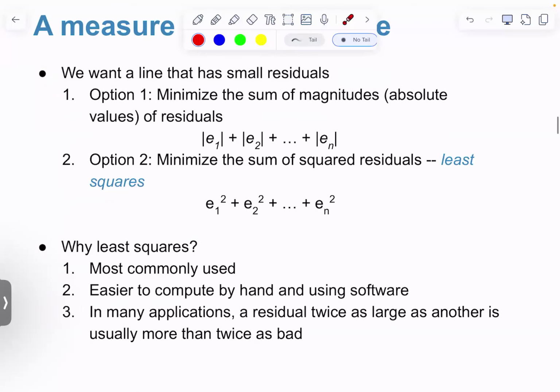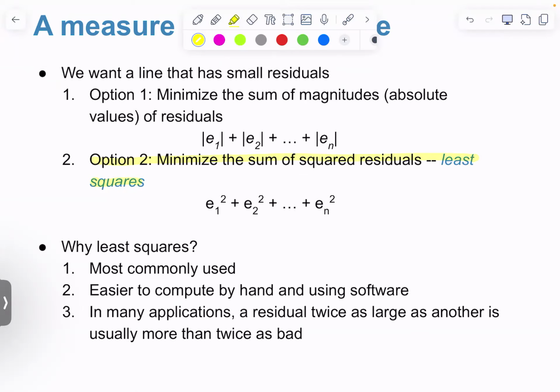An obvious way to make them positive is the absolute value, but then all the distances are weighted the same. And so we use option two, which is to minimize the sum of the squared residuals. Squaring a negative value makes it positive.